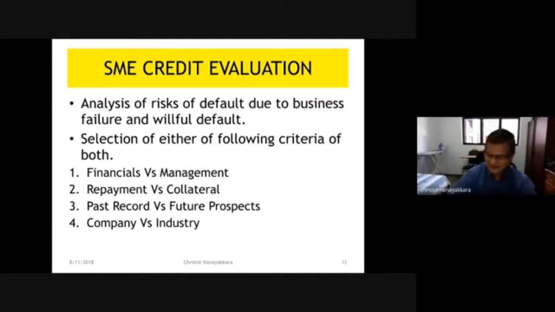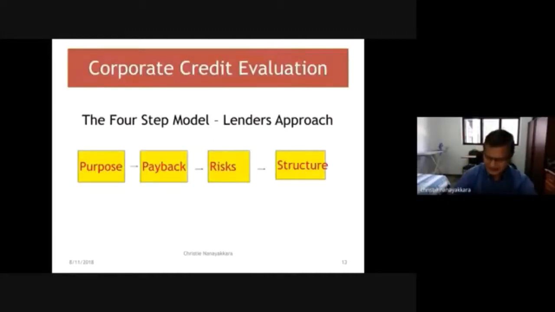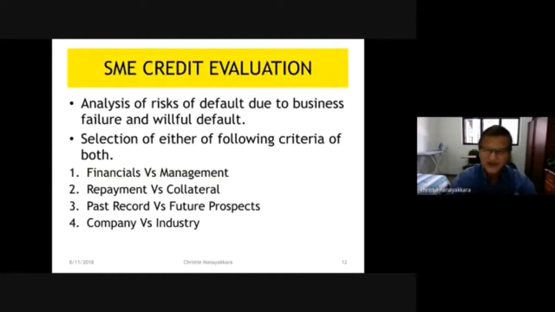So mainly SME credit is done through the experience of a credit analyst, and sometimes his or her gut feelings are very important, because a lot of SMEs in this country have become very commercial entities based on the way managers have handled them. And this is the area, actually, in Sri Lanka, where everyone wants to start their own company.